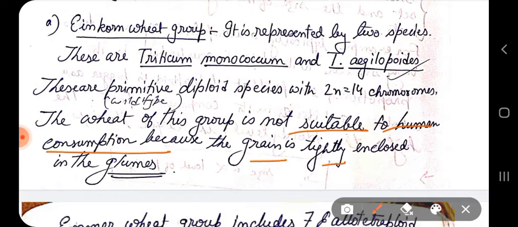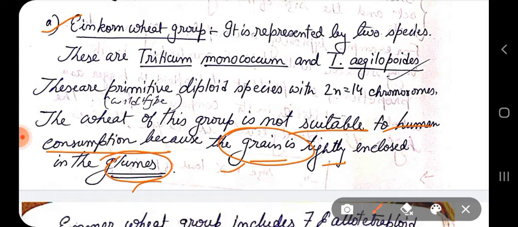The glumes are packed so tightly around the grain that it is very difficult to open them and isolate the grain. So they are very problematic. Secondly, they are not very nutritious.